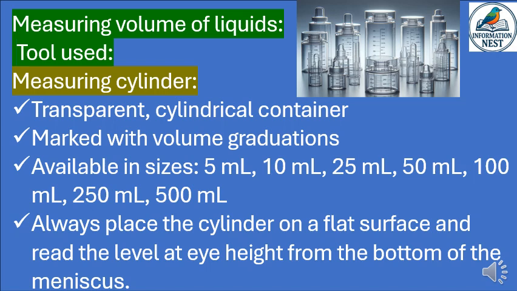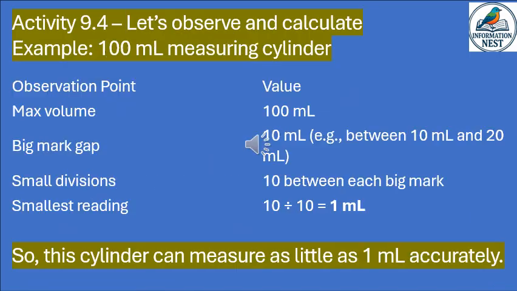Read from the bottom of the smile, not the eyebrows. If you read from above or below the meniscus, your measurement could be off by a few milliliters. That's like adding extra salt to your recipe. Tiny mistake, big impact.